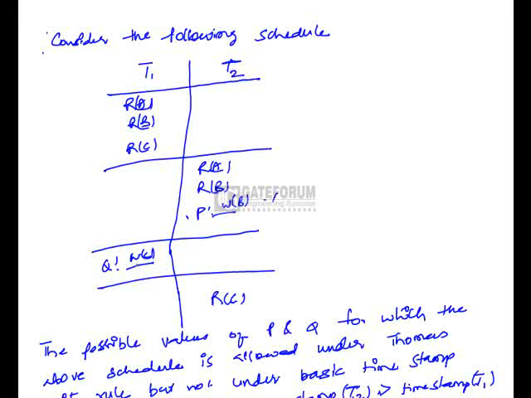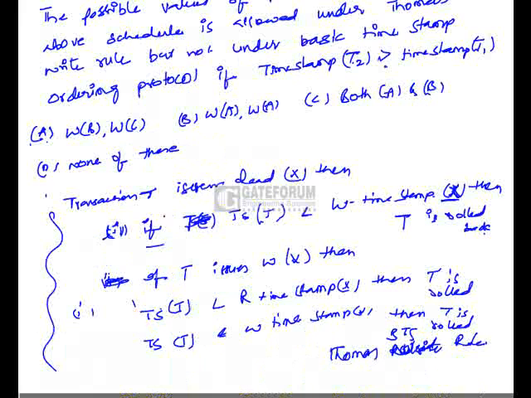Now let us check this one. This is a write operation on data item C. Whenever this write operation on C is called, it will check for this condition, with the timestamp of the transaction that called it, which is the first transaction. What is the read timestamp of C?